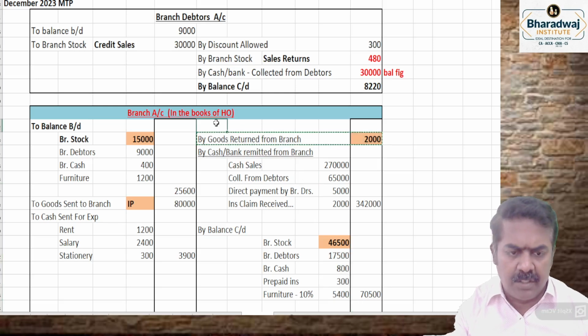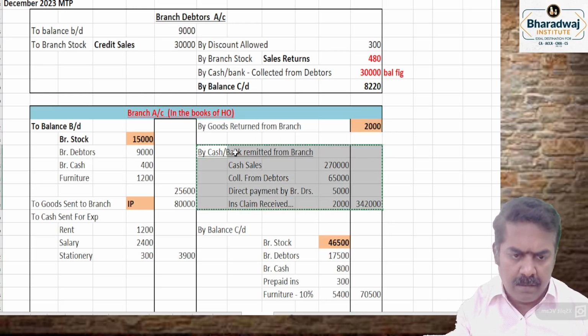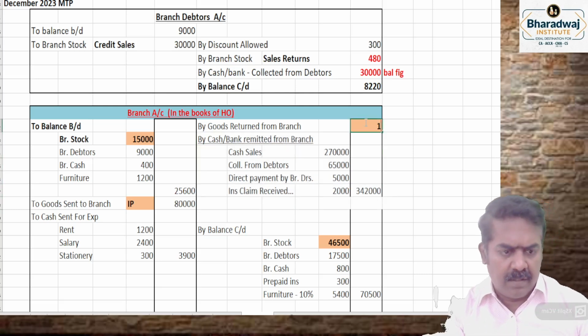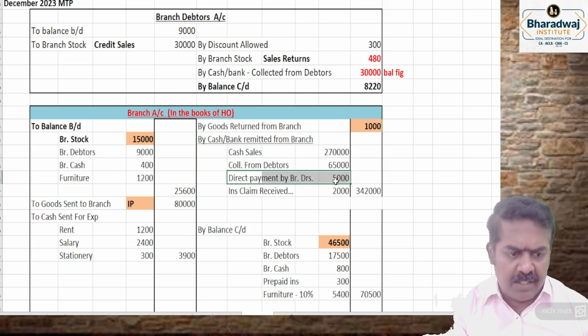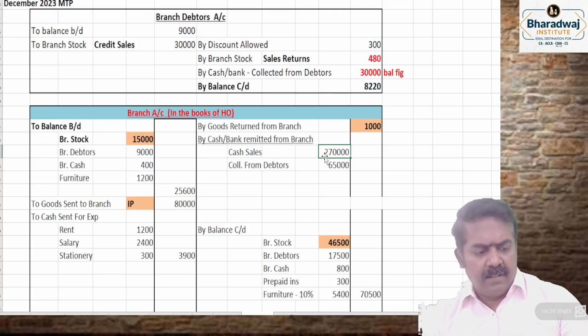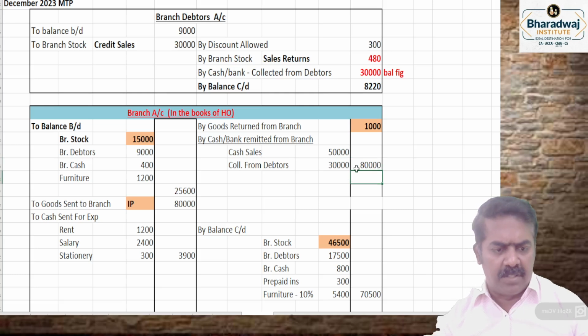Any goods returned from branch? Goods returned from branch, 1,000. Then cash remitted from branch. Cash sales, how much is given? 50,000. Cash from debtors, 30. So totally 80,000 remitted. No direct payments, no insurance receipt, etc.